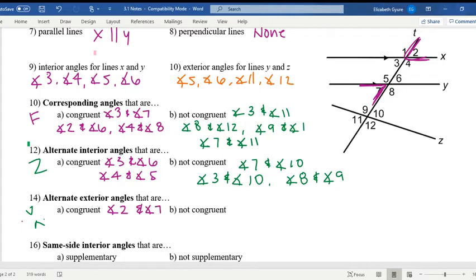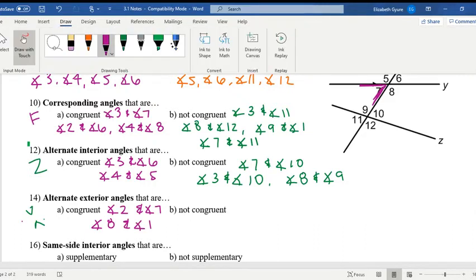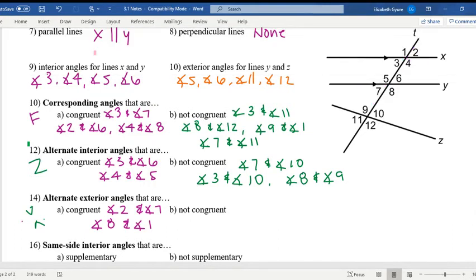So if 2 and 7 could work, what do we think for another one? Someone at home, if 2 and 7 works, what else could maybe work? Which one, sorry? 8 and 1, yeah, absolutely, Colin, 8 and 1. Good. And that's actually it for ones that are congruent, because your options are more limited.